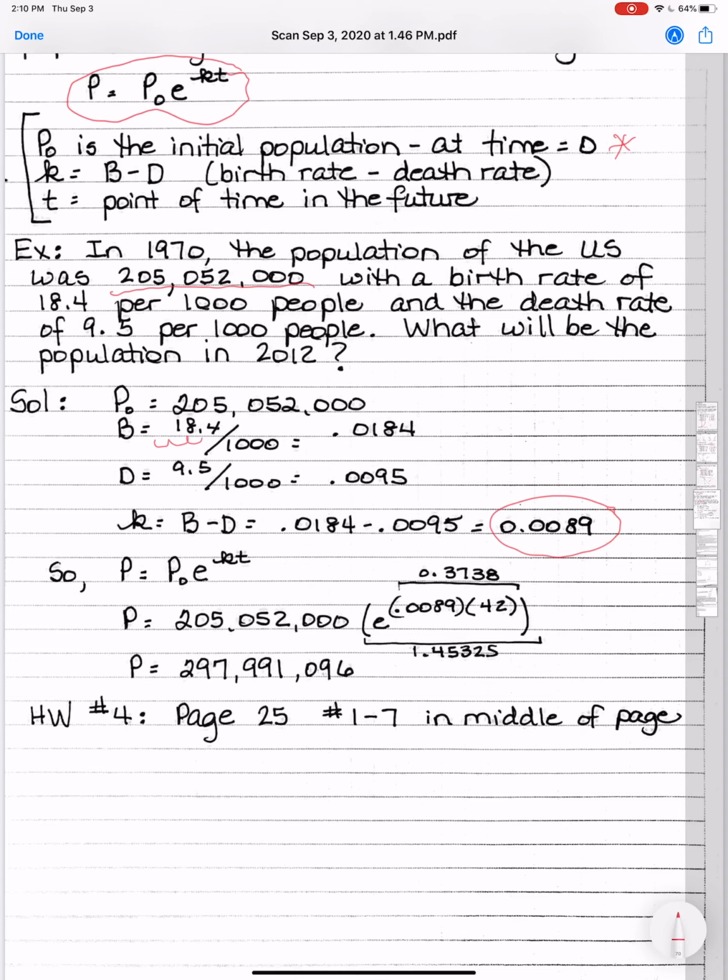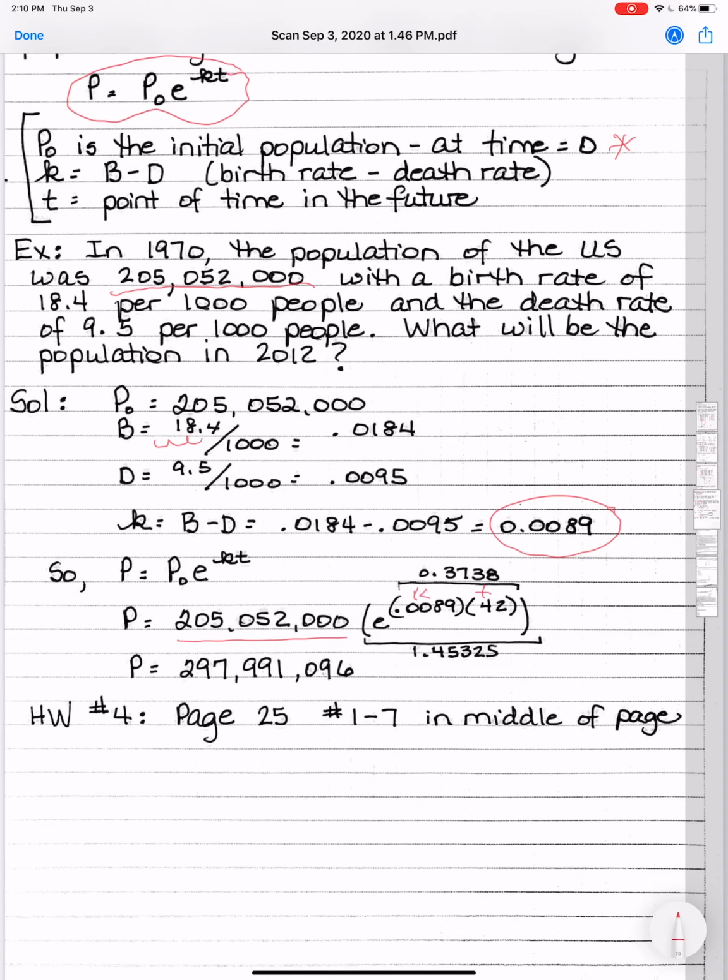The population estimate in 2012 is going to be 205,052,000 times e raised to the kt.